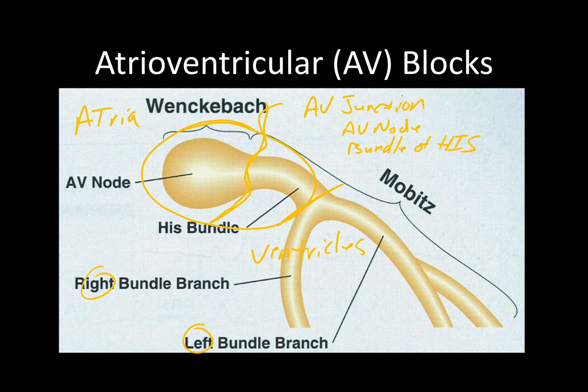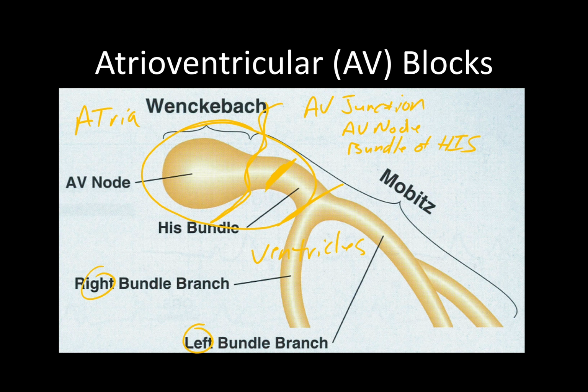So an important concept to keep in mind here is that delays can happen along any part of the AV junction. It can be just this part of the AV node that is broken. It could be all of the AV node, or instead of the AV node, perhaps it's the bundle of His that winds up dying out or quitting for some reason, and then you're not able to get a full signal through.